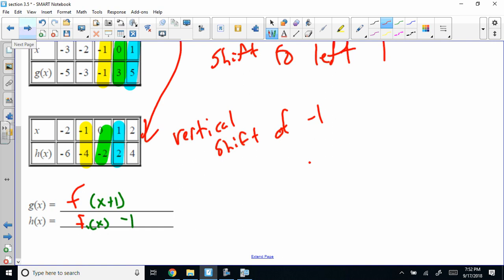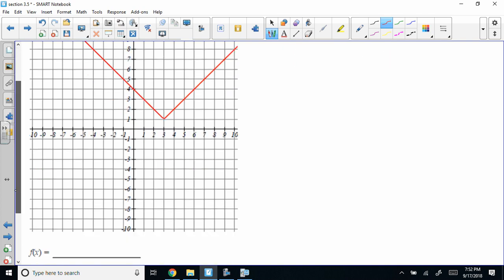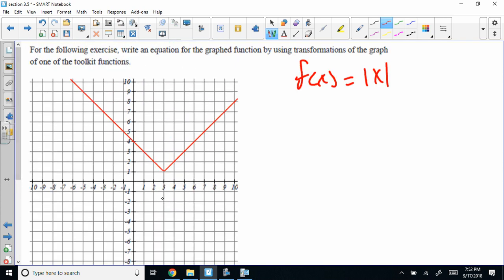Now here's where the fun part happens. This is just f of x equals absolute value of x, right? And it's been shifted. So write an equation for the graphed function by using transformations of the graph of one of the toolkit functions, right? We don't have the toolkits, but that's an absolute value function, right? Now, normally, this would do this, right? Let me change colors.